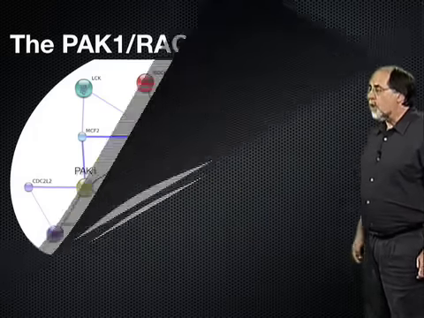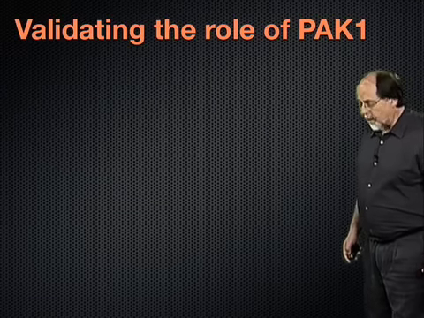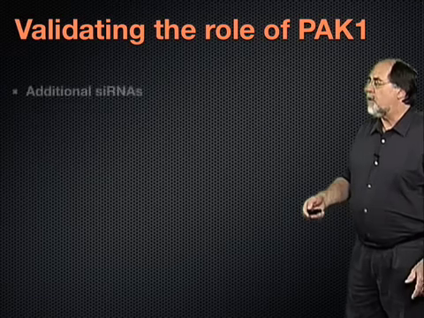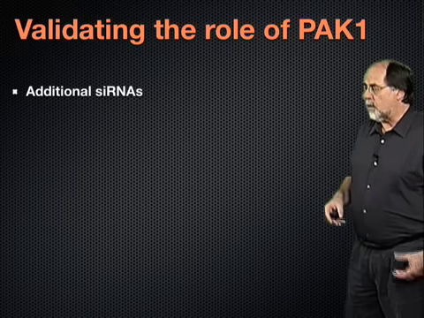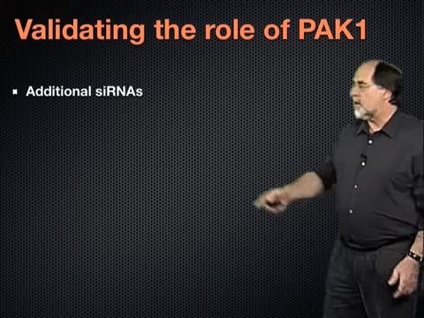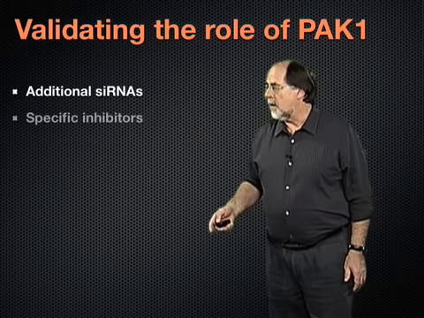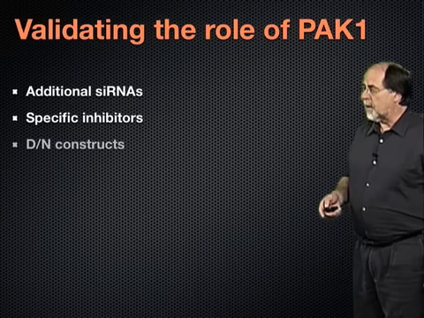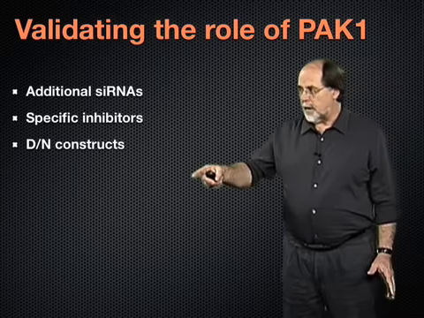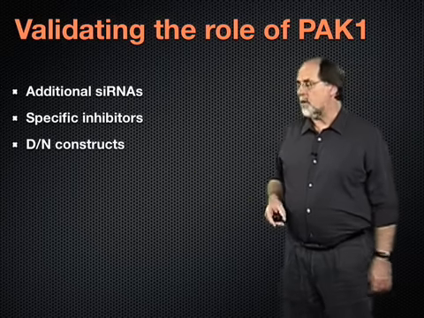Now, the first thing to show, of course, and I won't go through more than very superficially, is that you have to use other methods to show that PAK1, for example, is a real hit. You have to use additional siRNAs. You have to use specific inhibitors, which we luckily have obtained. You can then use DNA dominant negative constructs to look at it.